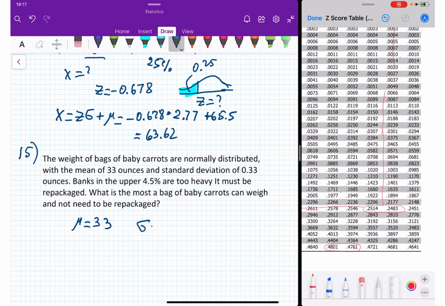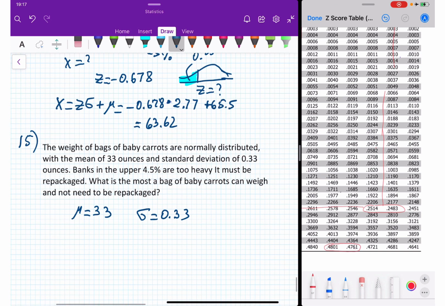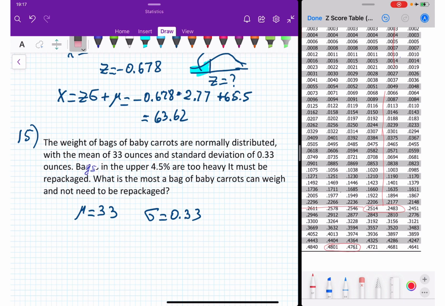Standard deviation is 0.33 ounces. Bags, by some reason it put banks. It's supposed to be bags. We'll fix it, right? Okay, bags in the upper 4.5%.